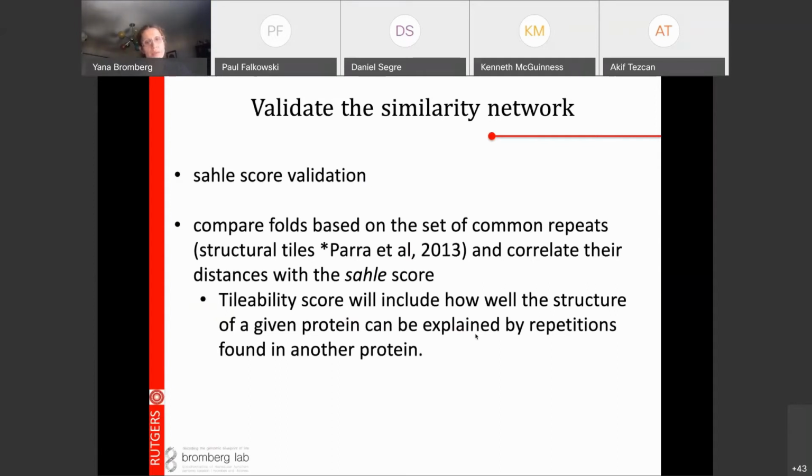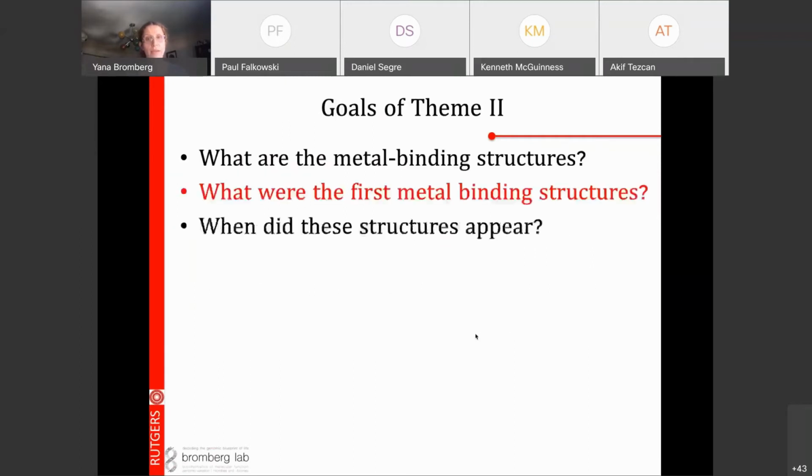And one more thing that we are still working on, in collaboration with Diego Ferreiro and the postdoc in my lab, Ariel Aptekman, is comparing our similarities that we established with Sahle versus this stylability score, which Diego had introduced a while back. So we're going to validate the connectivity, even though we feel that Sahle scores are sufficiently informative as is.